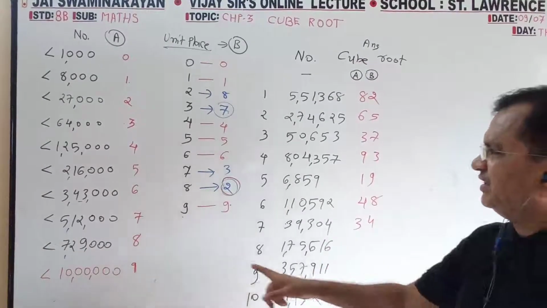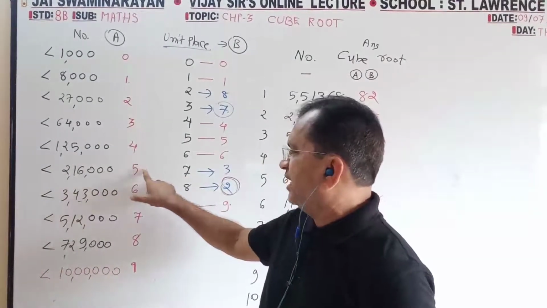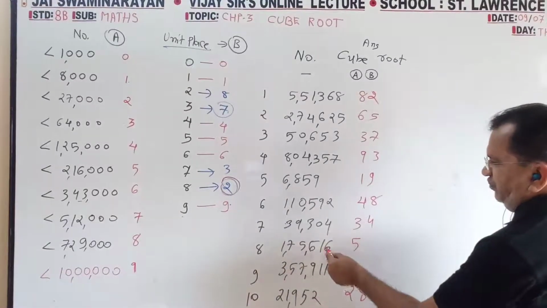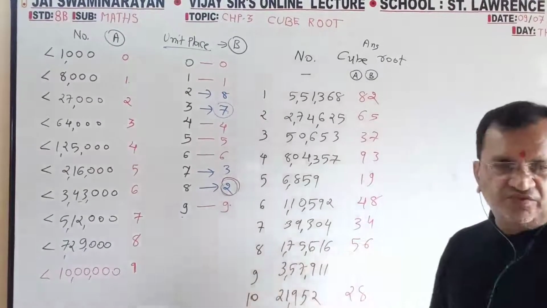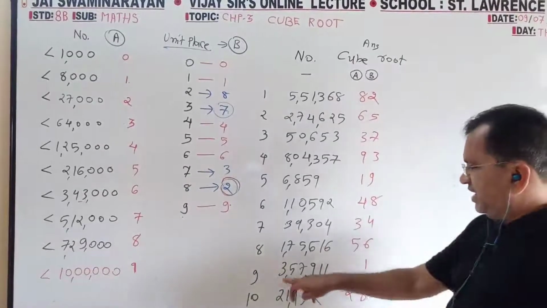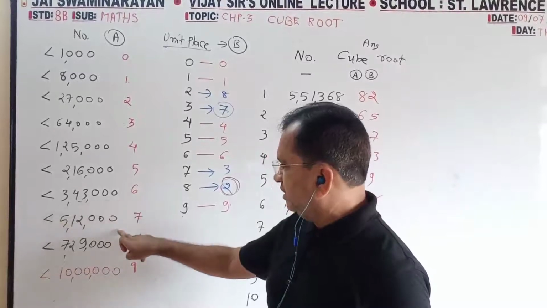One lakh 75,000. 1,25,000, 1,75,000. So less than this. So 5. And for 6 we will write 6. 56. For 1 we will write 1, but it is 3,57,000. 3,57,000, not this. Under this.